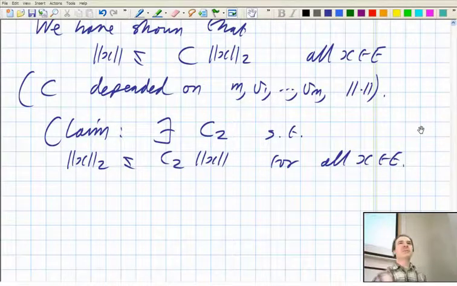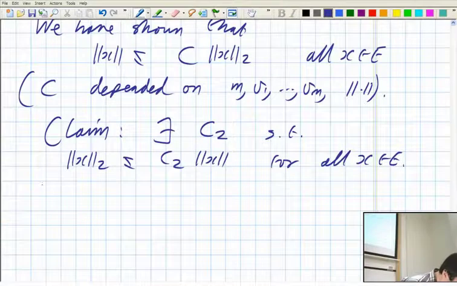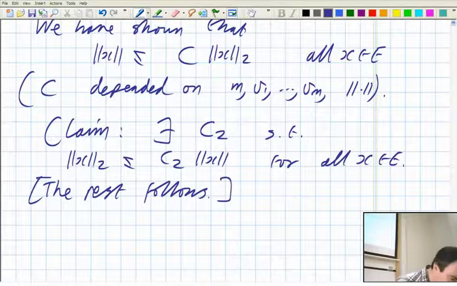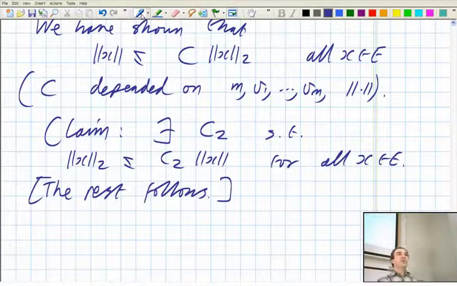Okay, that's what we're trying to establish. So we'll prove it by contradiction. Suppose for contradiction no such constant C2 exists.